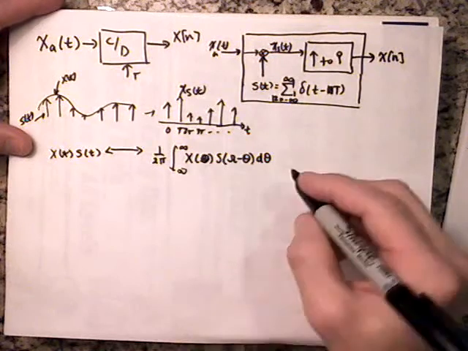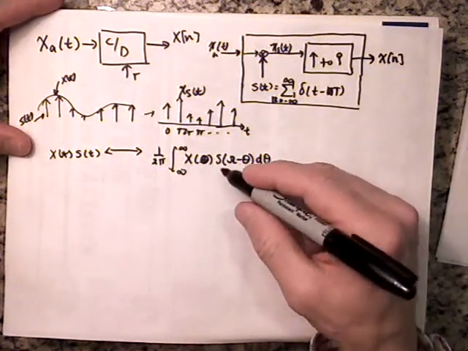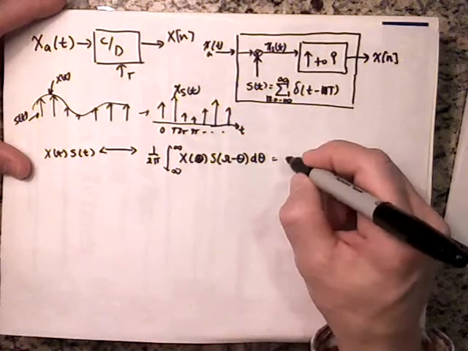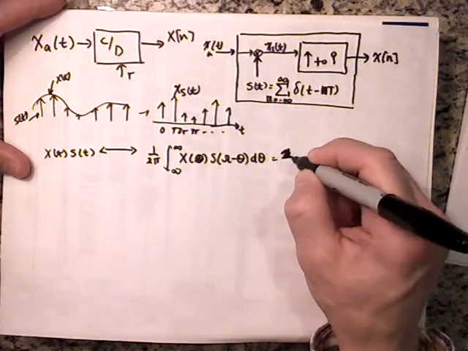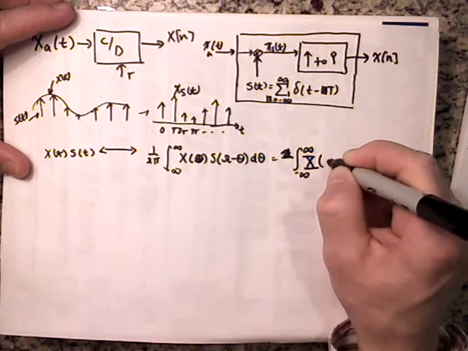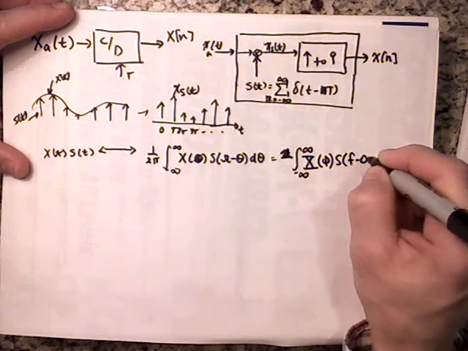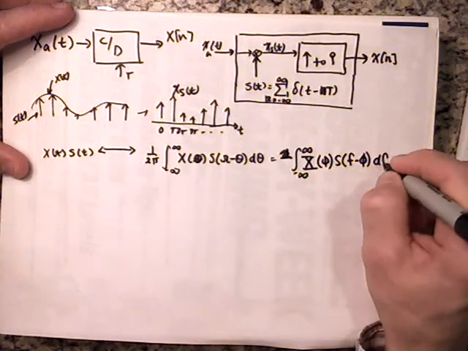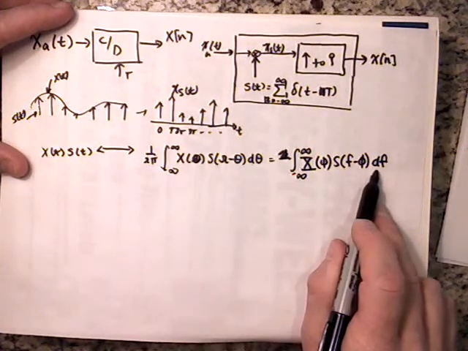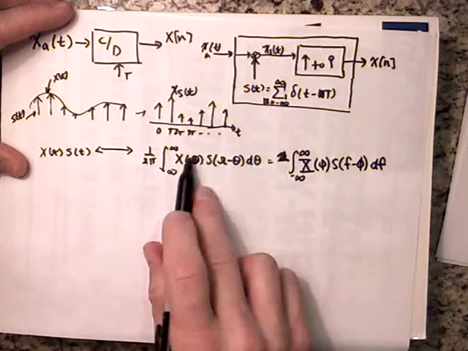Now you'll probably remember this as convolution in the frequency domain. If I wrote all the variables in hertz, then d theta over 2 pi is the same thing as the integral from minus infinity to infinity of X(phi) S(f minus phi) df, because d theta over 2 pi equals df, because 2 pi f is theta, right?